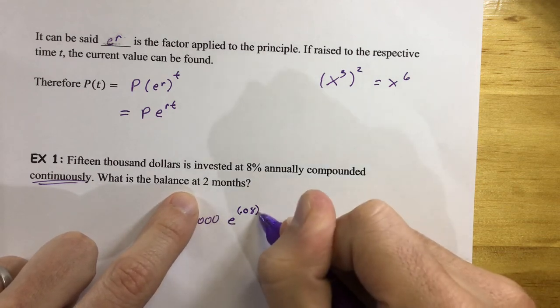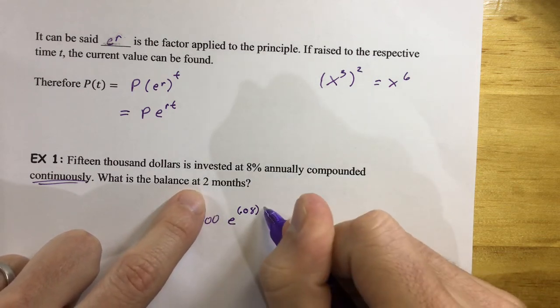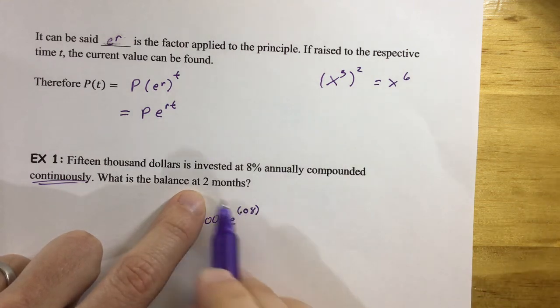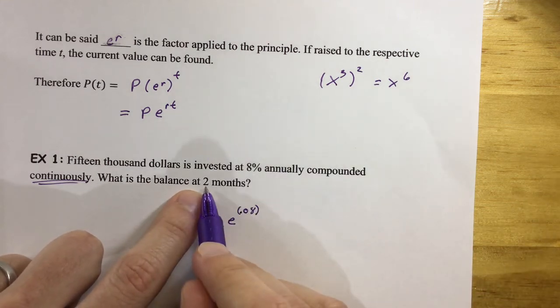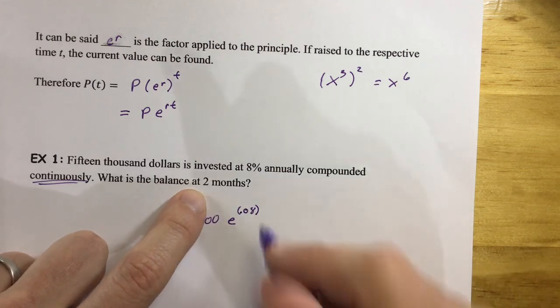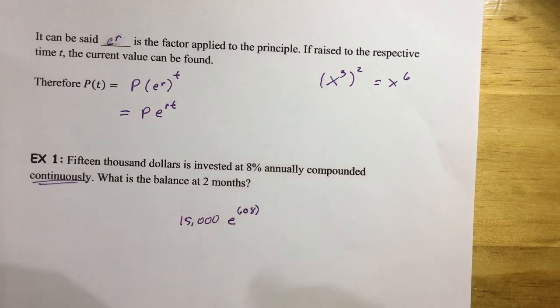Then you're also going to have the time frame, which is usually some number of years. But for this, I figured I would show you something a little bit different. If you did something by months, that's totally fine. Just don't put a 2 here because it's supposed to be in years, so that would represent 2 years.